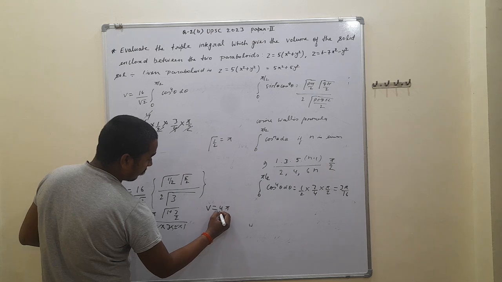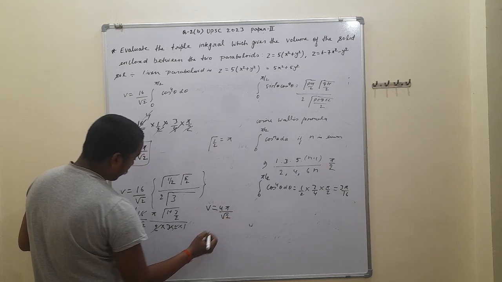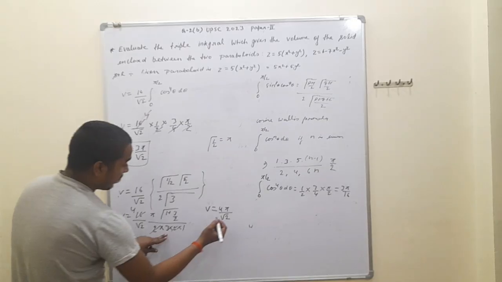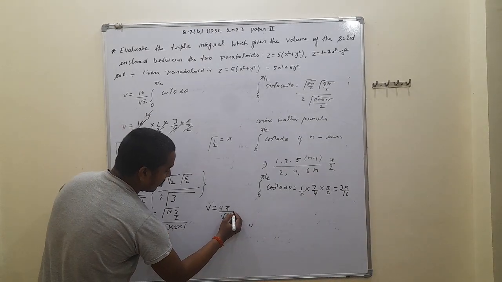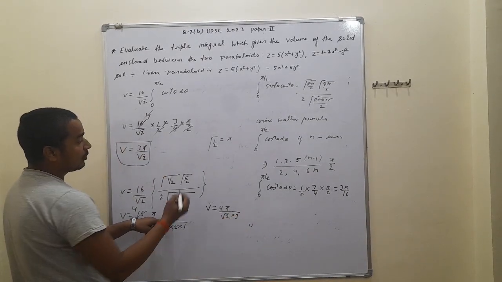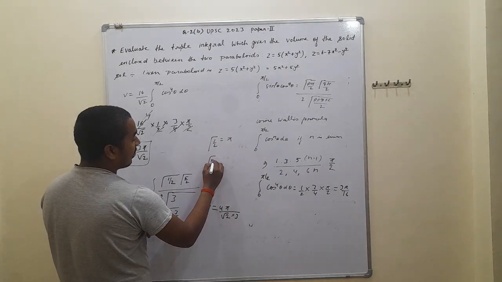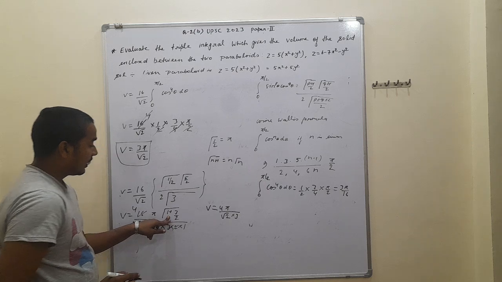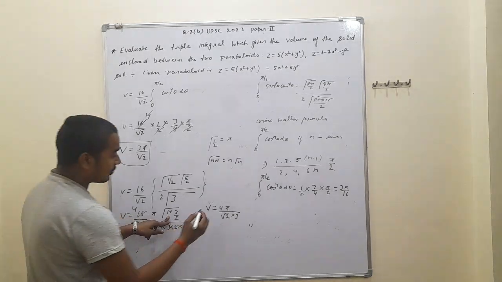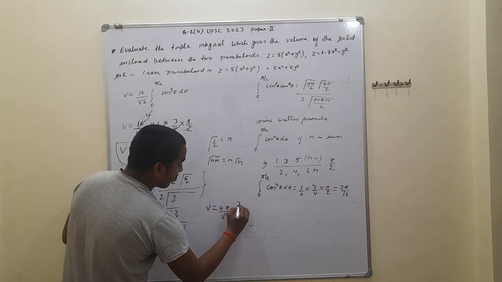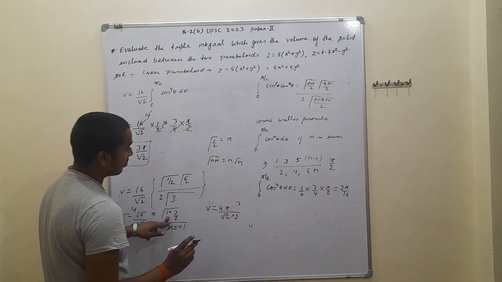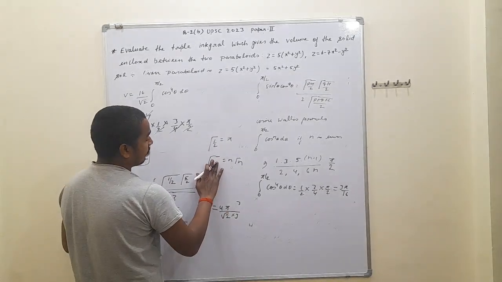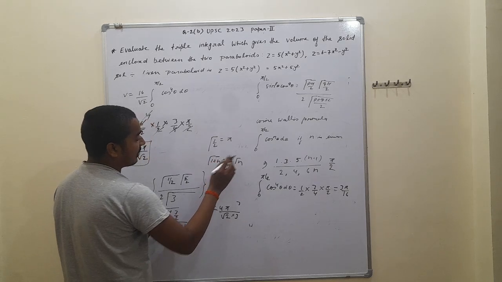4 pi upon root 2. We can also write here that 3 is remaining, and we can use the formula gamma n plus 1 is equal to n gamma n. Then gamma 1 plus n is equal to n gamma n.